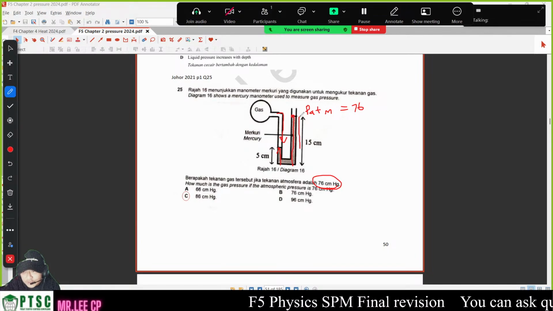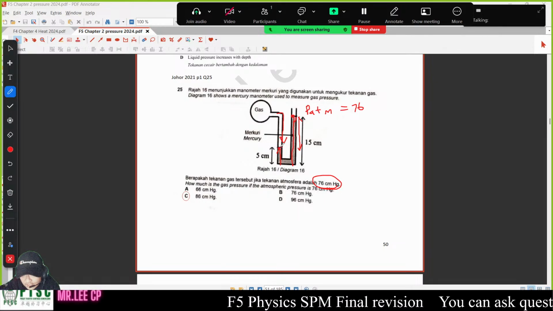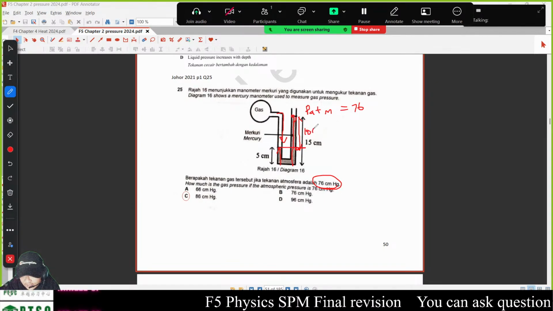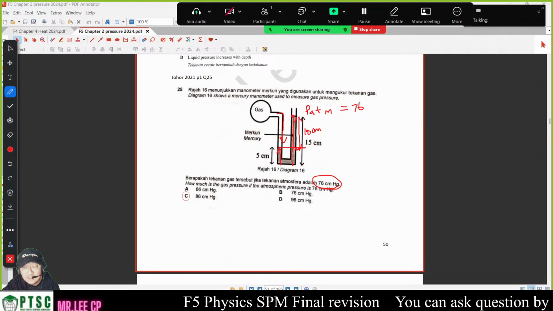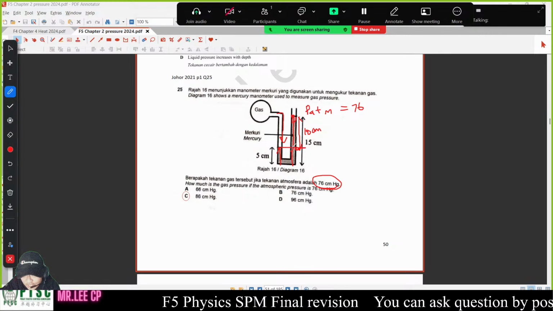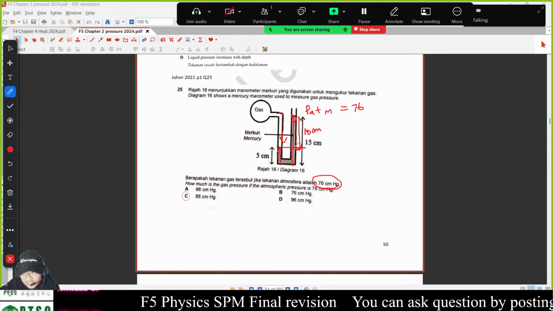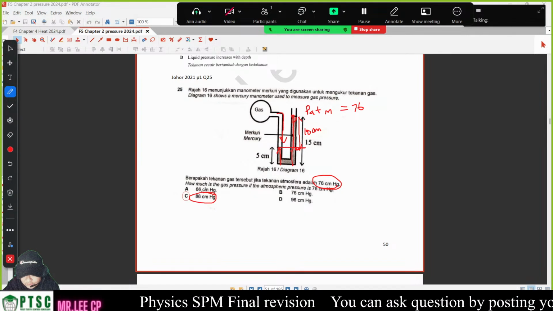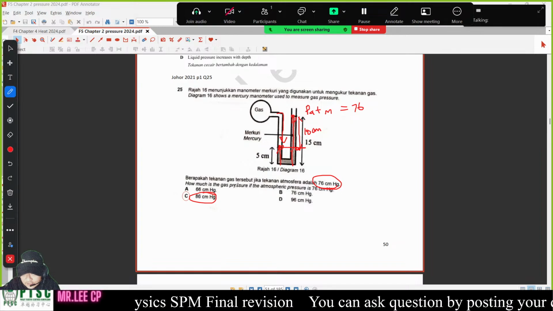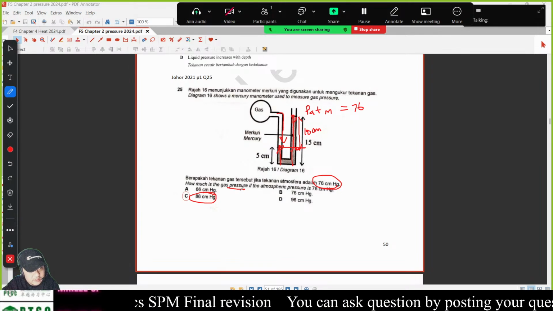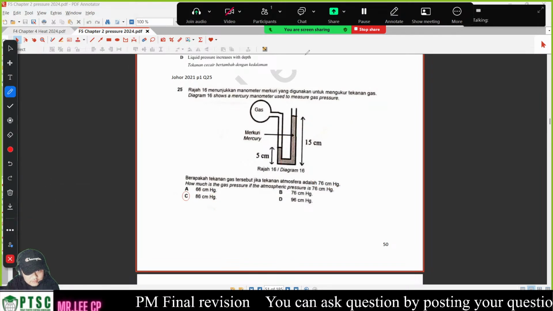So meaning you go down until here. You go down 10 cm. So 76, go down, you plus. 76 plus 10, 86. That's all. 86 is the gas pressure. Make sure you know how. Crazy, right?